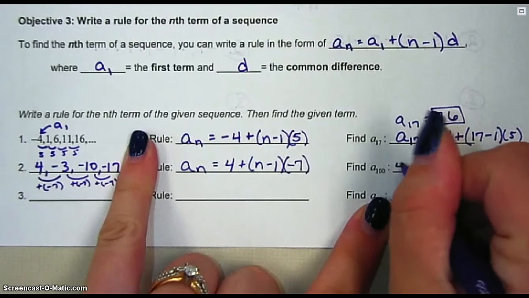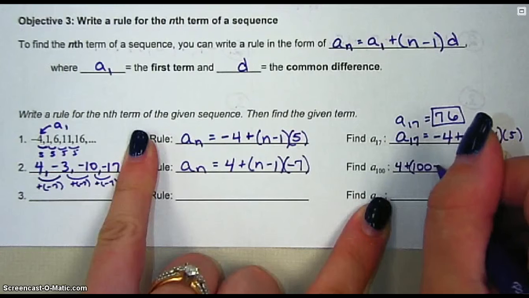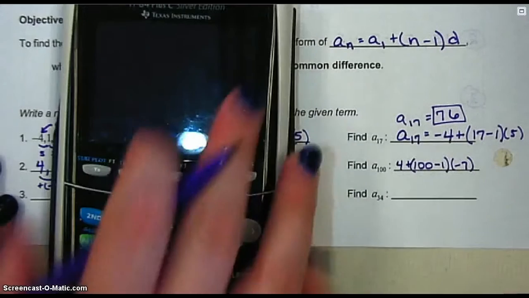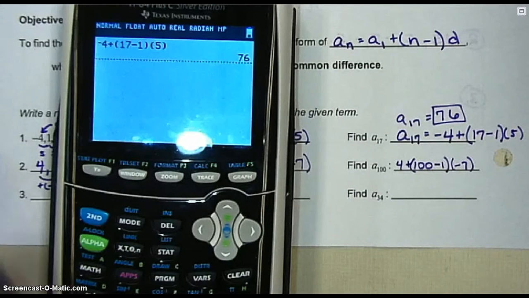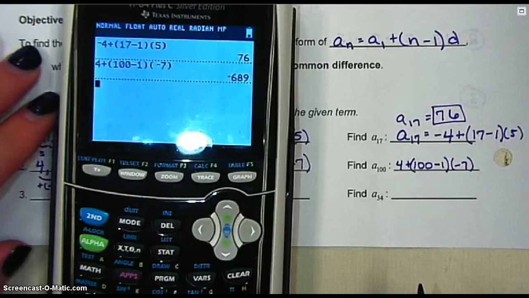So we're going to put 4 plus 100 minus 1 times negative 7. Once again, using our calculator, 4 plus, don't forget the plus, 100 minus 1 times negative 7. That gives me negative 689.